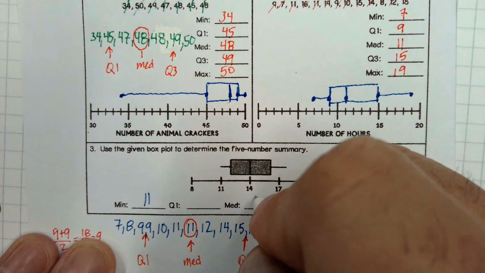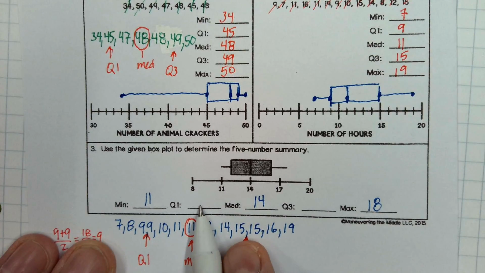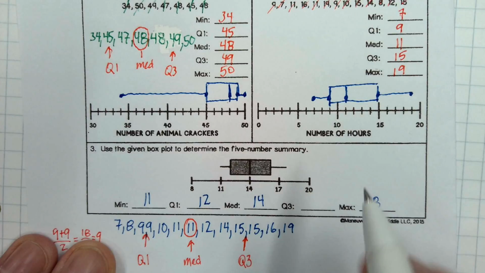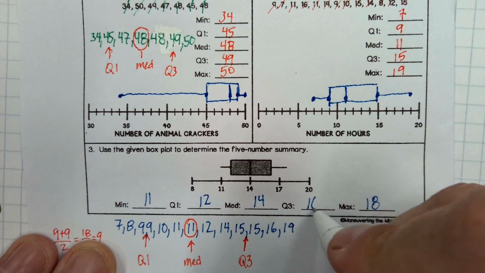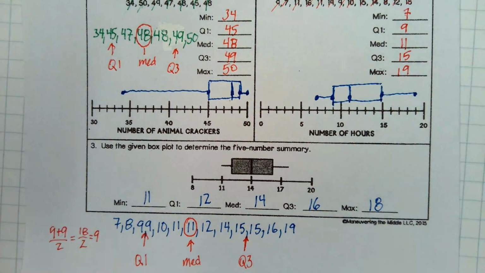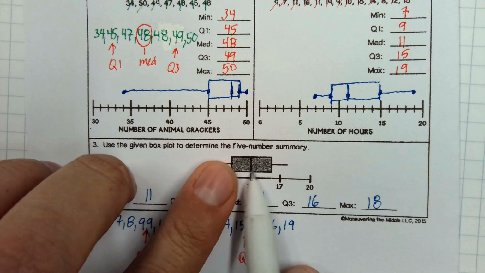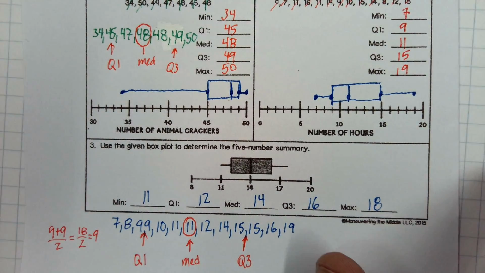The median is 14. How about Q1? Let's go with 12. That sounds good. And then we want 16. Let's go with 16 there. That was easy, right? So we know how to read the numbers. And just remember, each chunk of this is 25% of your data. Okay? All right.